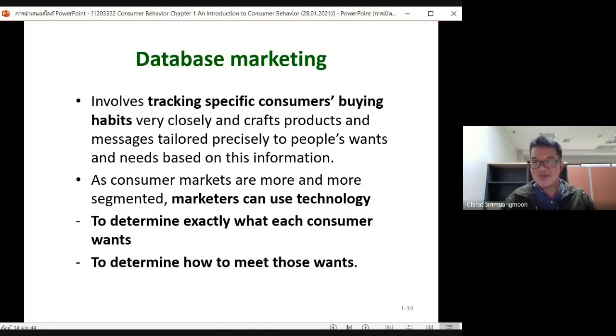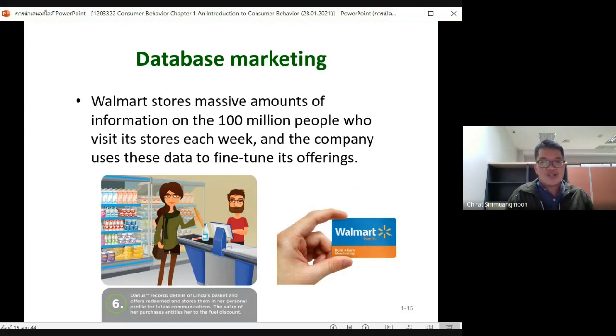Why do we need to focus on this? Because for now we are in the world of data. In other terms, you may hear the word big data. Big data can help you because you can group the things that some specific people like in some area. I have a good example. When I was back in the US, I was a member of Walmart, a very big department store.